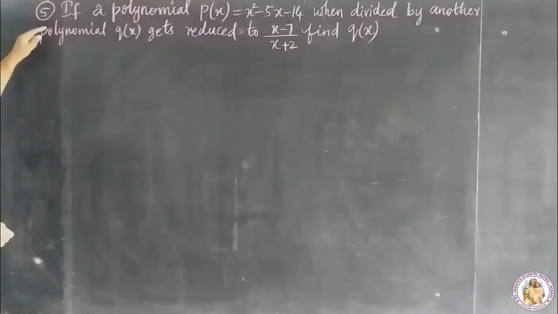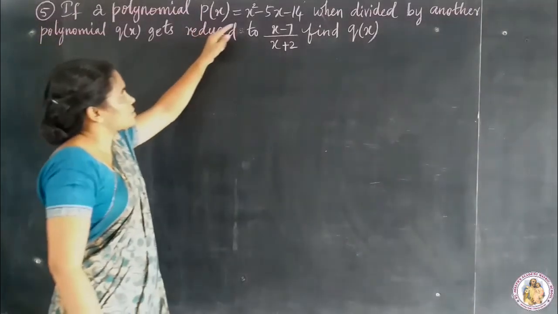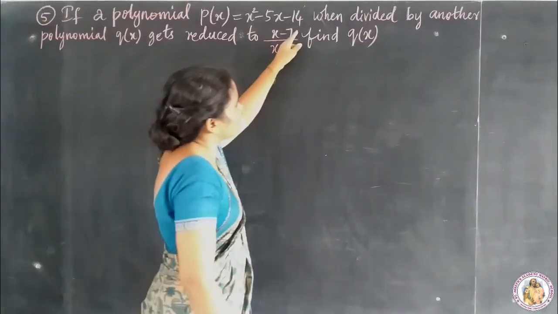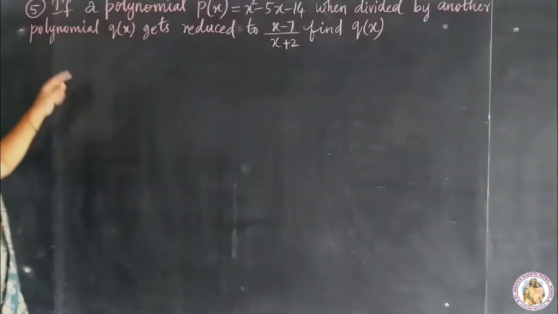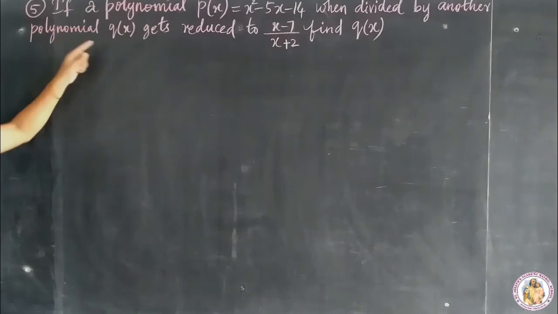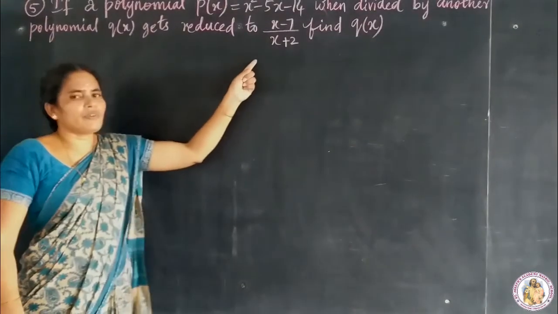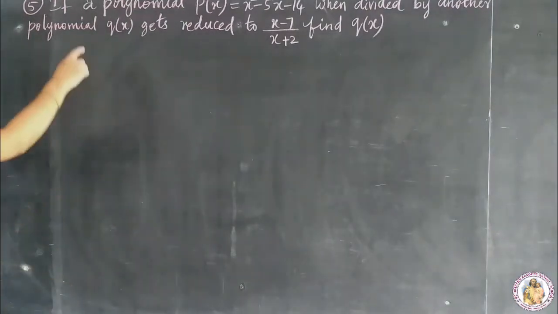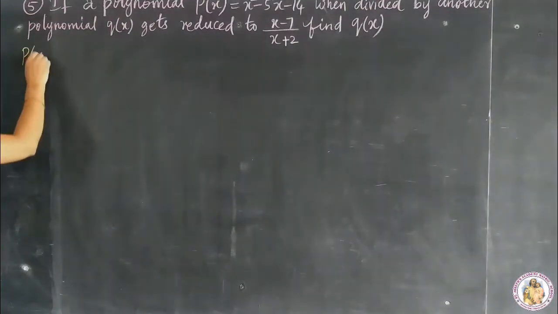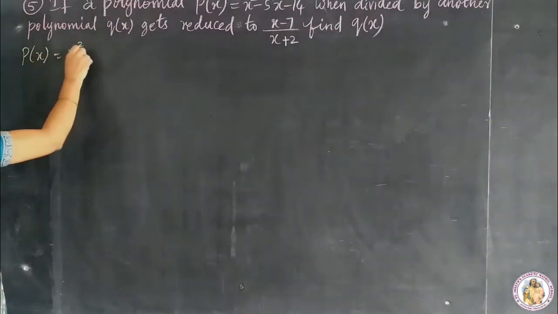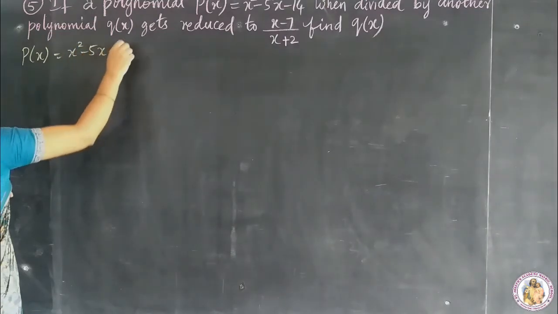Question number 5. If a polynomial p of x, x square minus 5x minus 14, when divided by another polynomial q of x, gets reduced to x minus 7 divided by x plus 2, find q of x. So first we will go with p of x. P of x is equal to x square minus 5x minus 14.